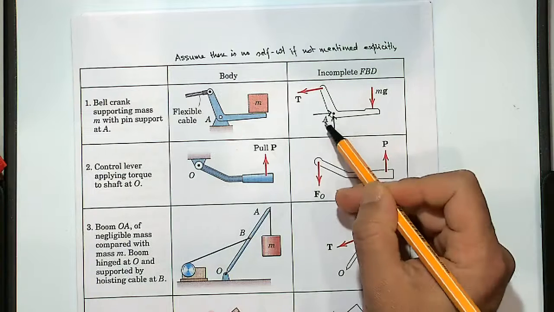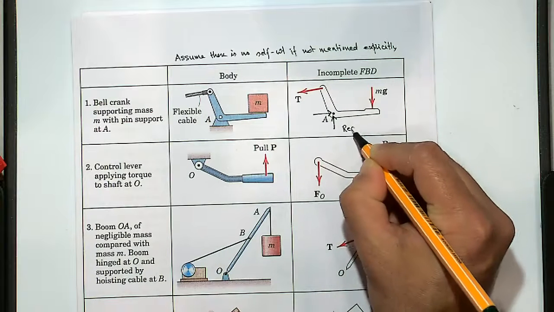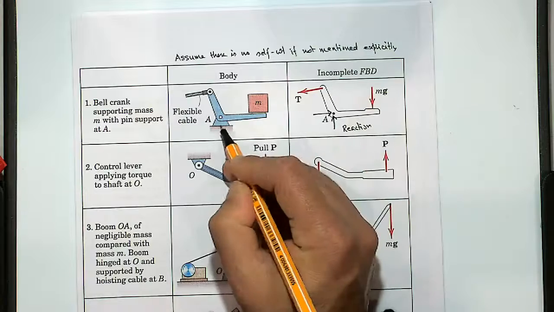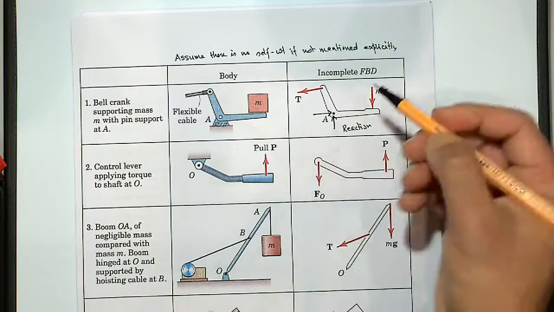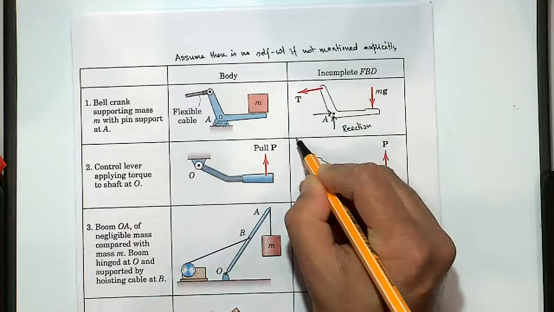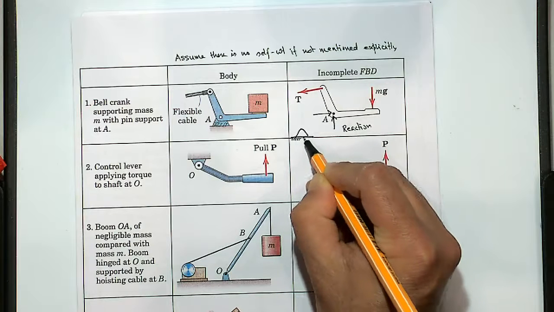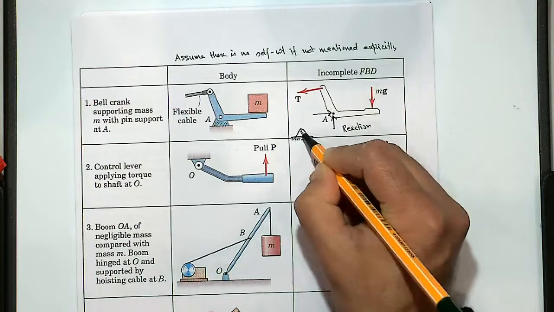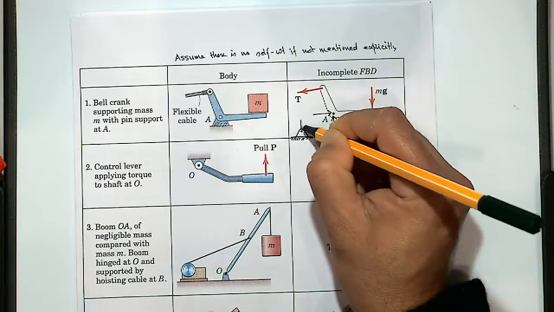Now these are the forces I call reaction, because this is what this support is giving to the pin. Whereas on the crank itself, if I draw the pin there, then on that pin, forces would be in the opposite direction.